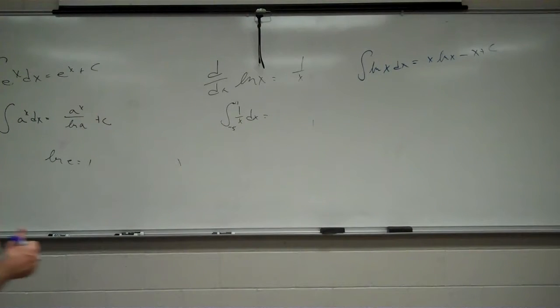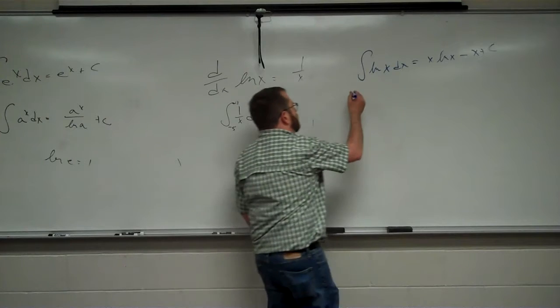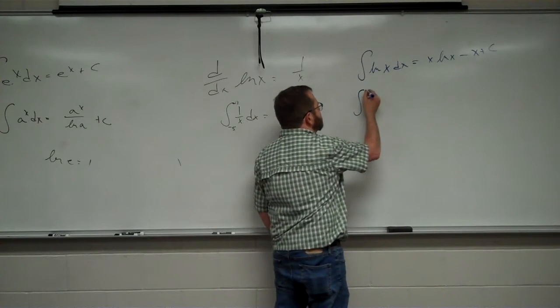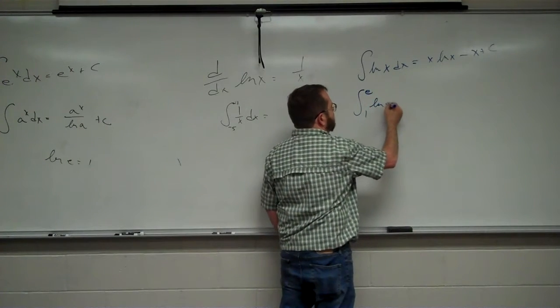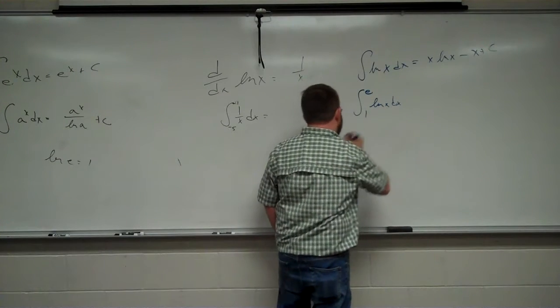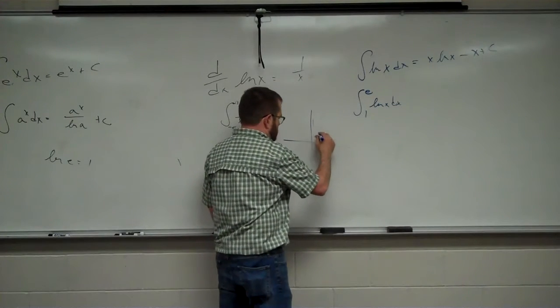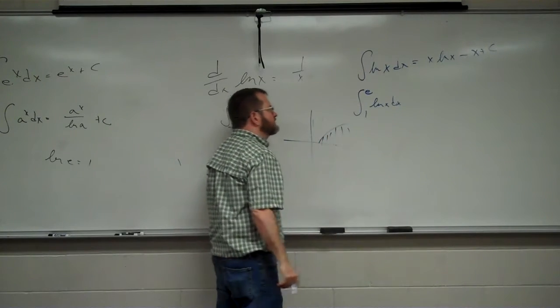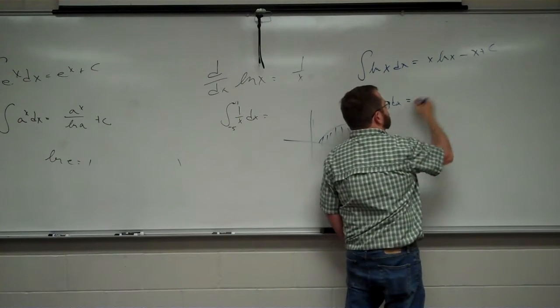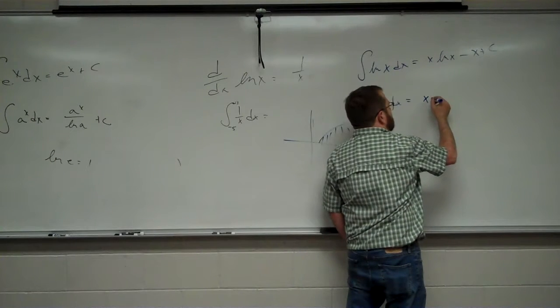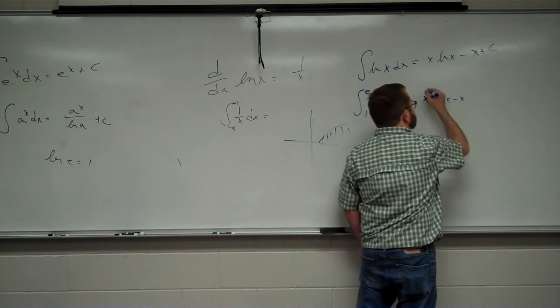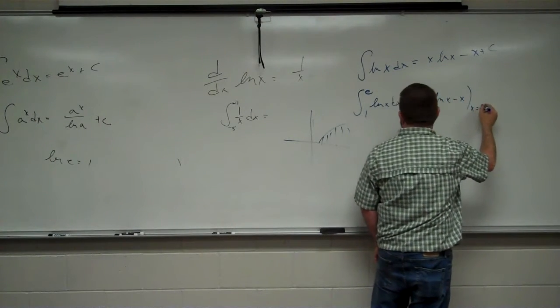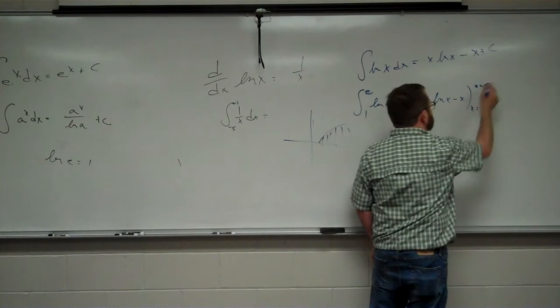So, for example, let's say we had the integral from 1 to e of the log of x dx. If we had a graph here, your log function looks something like this, and we'd be talking about this area over here. We know then that the integral of this is x log x minus x evaluated from x equals 1 to x equals e.